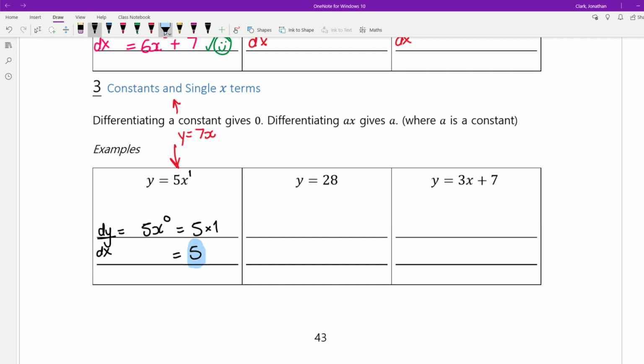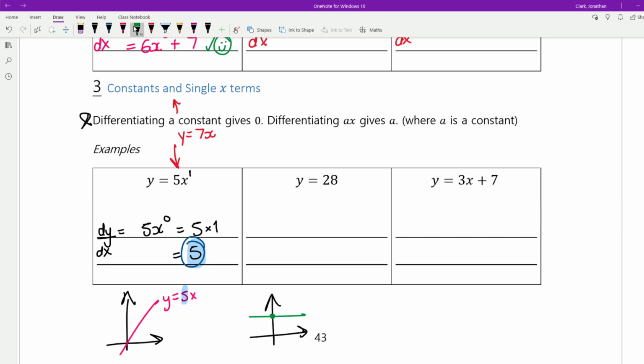And you'd get your answer there. Alternatively, you could think about it as a straight line. And the straight line y is 5x. If you think about it in terms of mx plus c, you know that 5 is the gradient of that straight line. So you could just jump it there for that same reason.